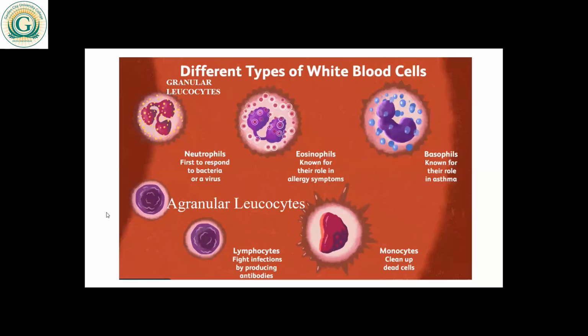All right, done. So the question is, give me a clinical condition. It can be any condition or any infection. And the function of neutrophils in there, the function of eosinophils in there, the function of basophils in there, not just one.